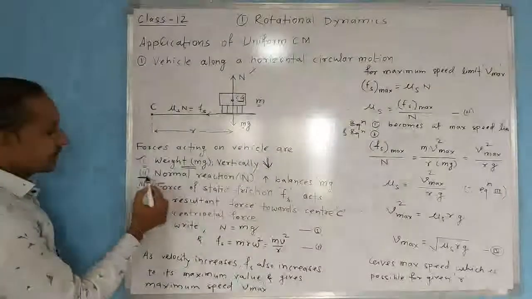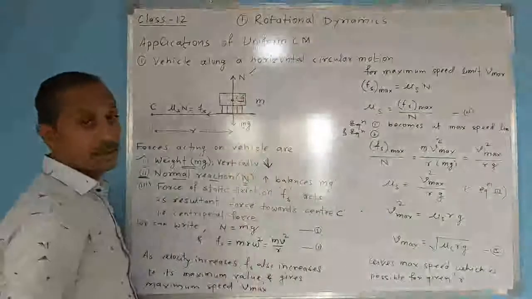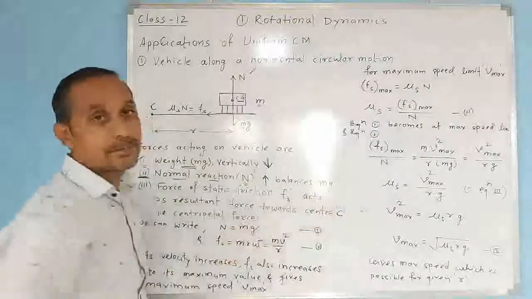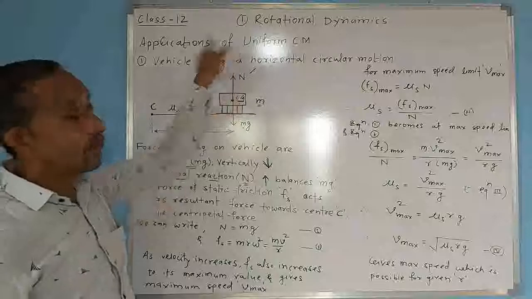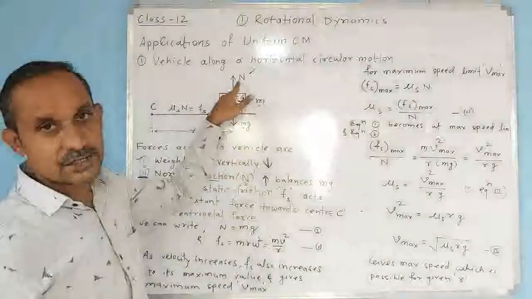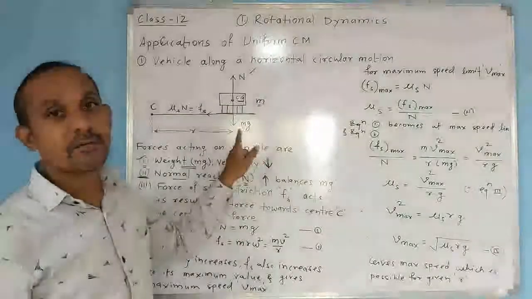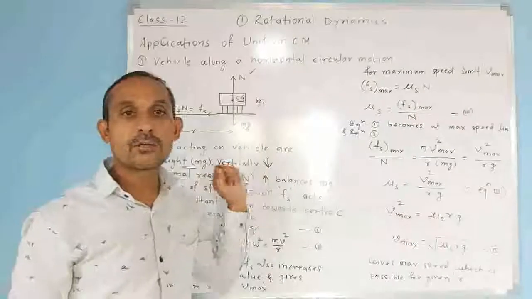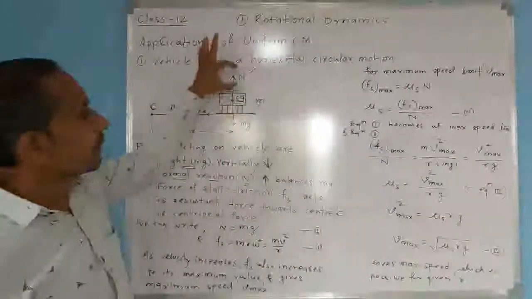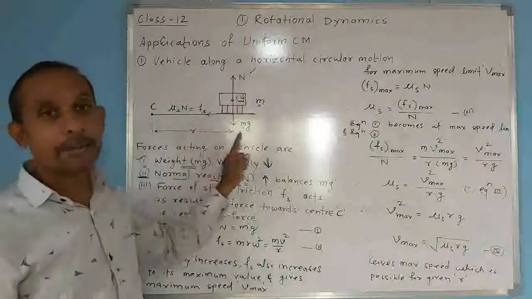So the second is the normal reaction, N, acting vertically upward and balancing mg. This upward force, the normal reaction force, balances the weight of the vehicle. It means N is balanced by mg, or mg is balanced by the normal reaction. This we can write as N is equal to mg.